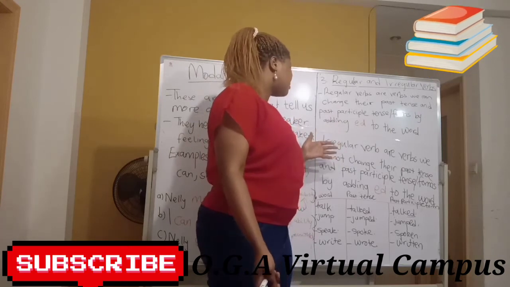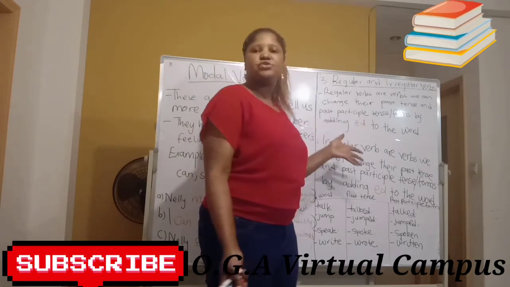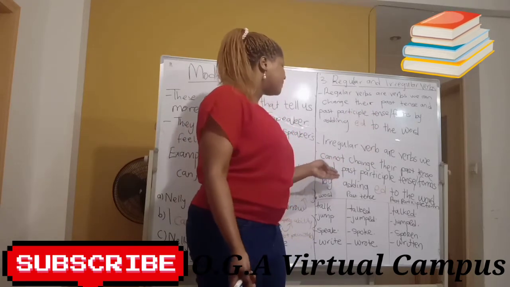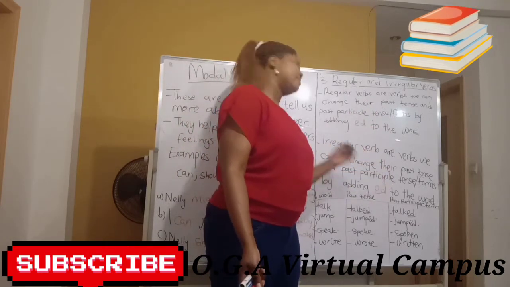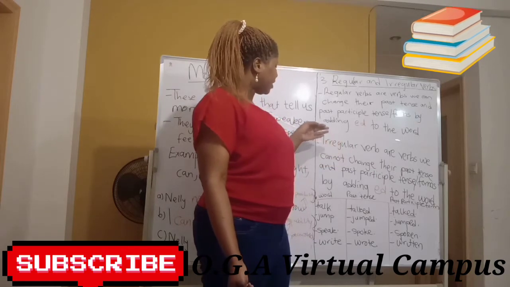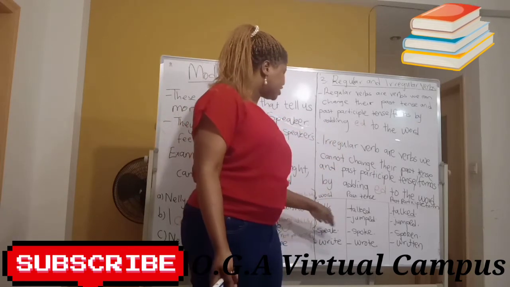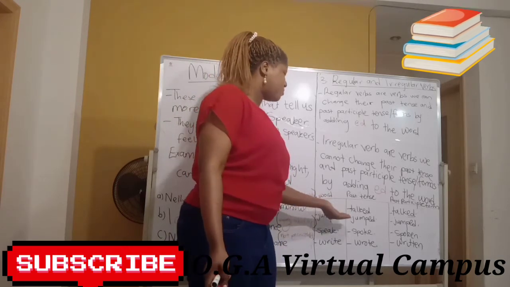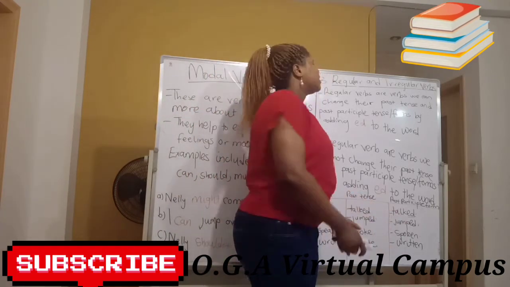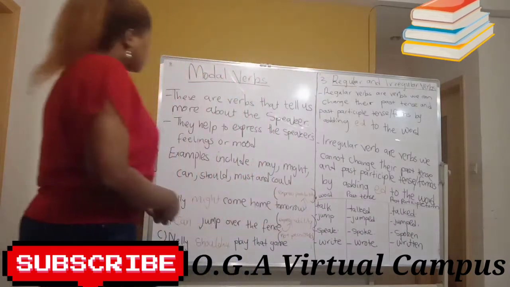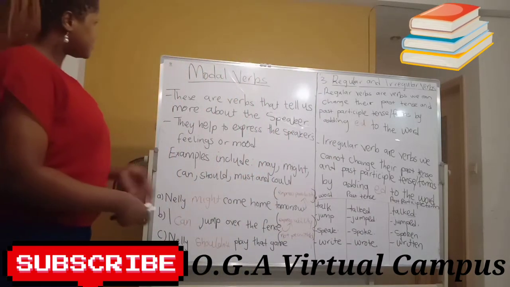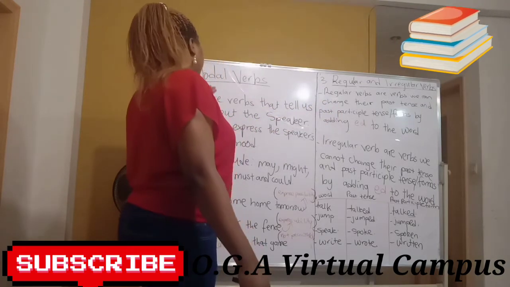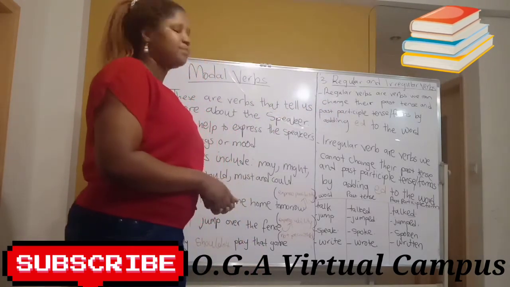An irregular verb, you don't need to add ed for it to change from a past tense to a past participle tense. You just need to change the whole word. For example here, speak, spoke, spoken. Okay? So this is all about the regular and irregular verbs, the modal verbs that we have.